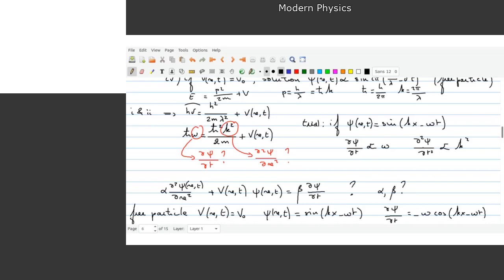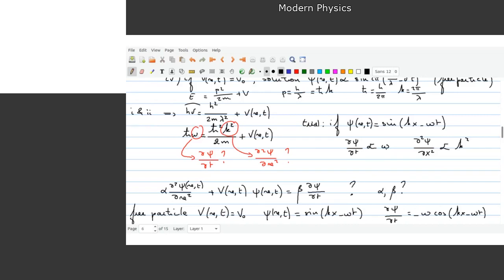If you derive as a function of x, why do I derive only one time here? Because I have omega, and I have k squared, and this k squared appears when I derive twice as a function of the position x, okay?